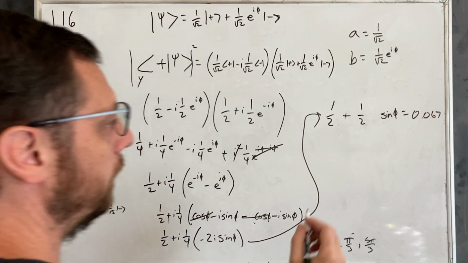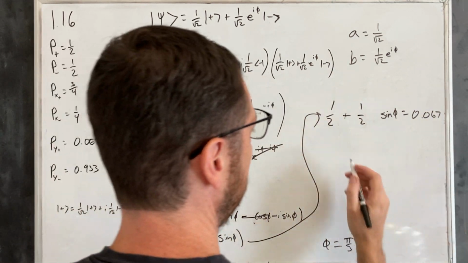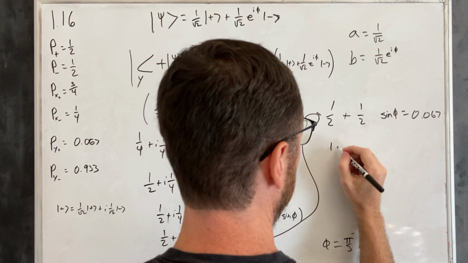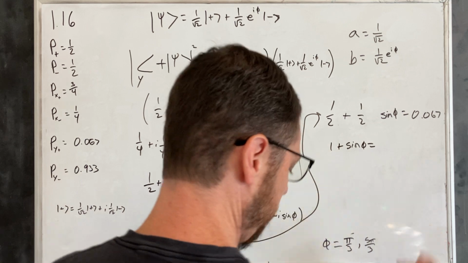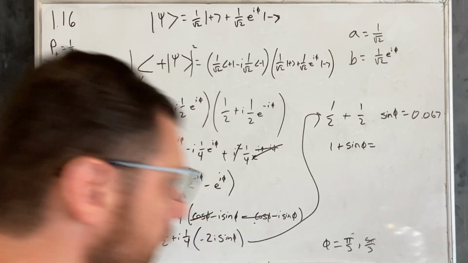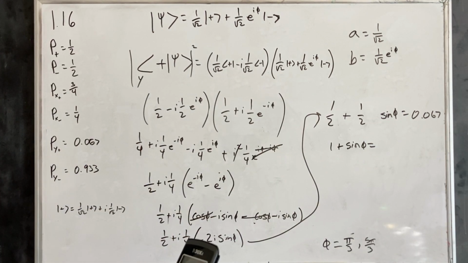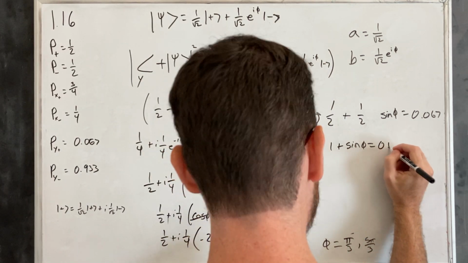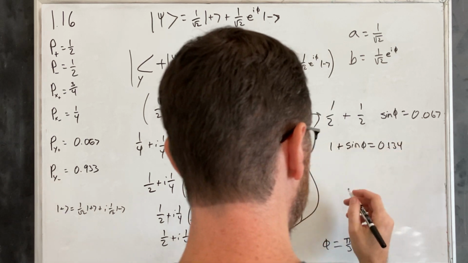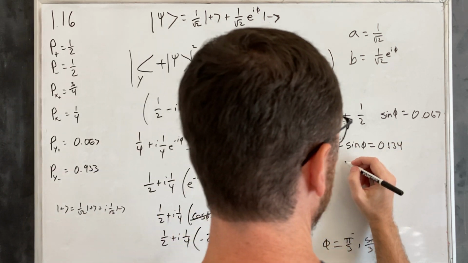Okay, so we will multiply everything by 2. So we have 1 plus sine phi equals, let's see what this times 2 is. 0.067 times 2 is 0.134. Let's subtract 1 from both sides.